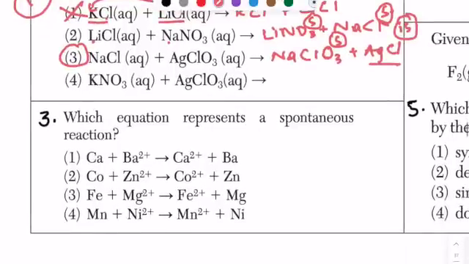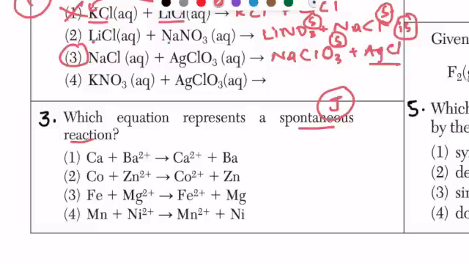Which equation represents a spontaneous reaction? Spontaneous is the one where you have a more active metal replacing a less active one, because a less active metal cannot on its own spontaneously replace a more active one. So you have to use Table J to compare the reactivities.